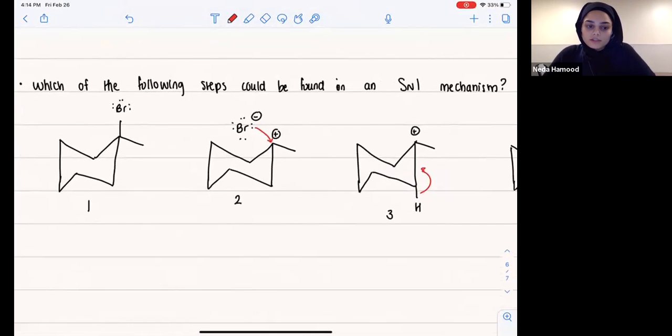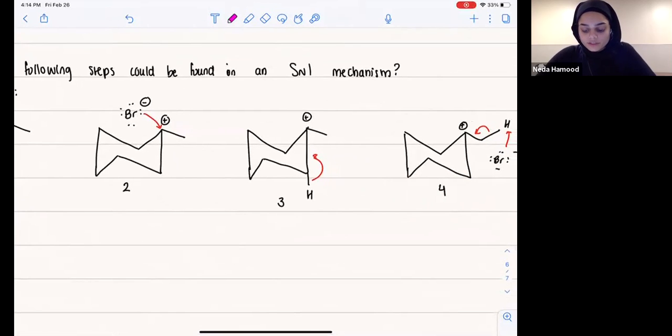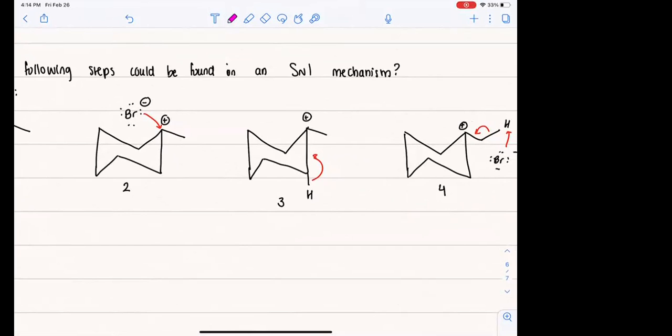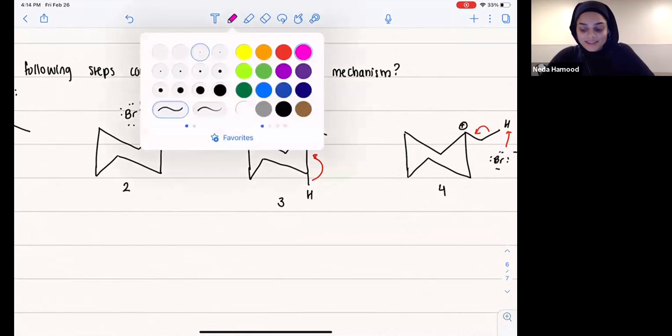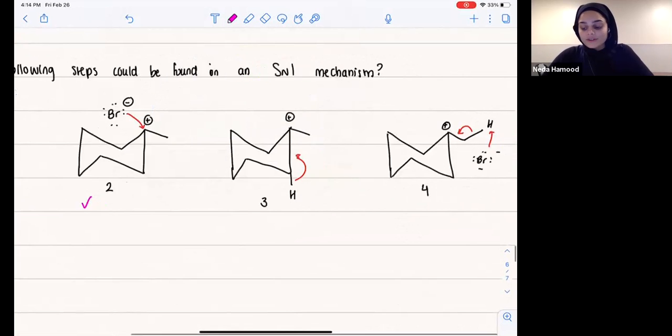In this first one there really isn't a reaction happening, so that's not a step that would be found in an Sn1 mechanism. So not this one. Then over here, we have a nucleophile attacking an electrophile. That seems pretty tempting. Let's put a check mark next to that for right now.